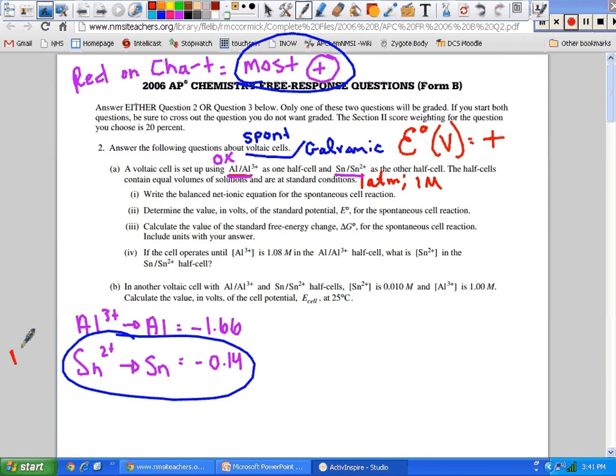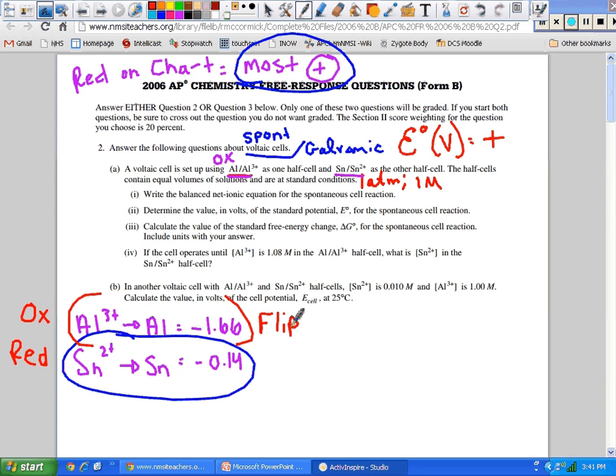And this one's going to go through what? Oxidation. So if it's oxidation, what do you do with the equation and the sign? You've got to flip it all. So I'm going to set this up as an actual reaction. If you want to write this at the bottom, I'm going to set it up how we've always set everything up.